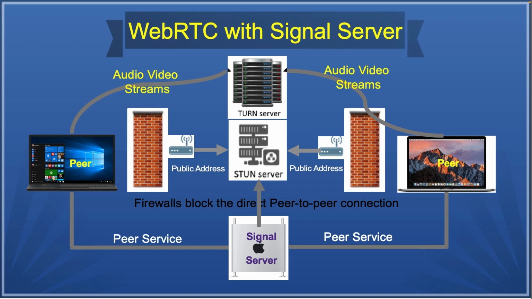One STUN server gets information about the public address from two peers to the remote IP address, and then once connected, the TURN server performs audio video streaming without any firewall problems. Basically, without a direct peer-to-peer connection, the TURN server bypasses firewalls and performs audio video streams between two peers.